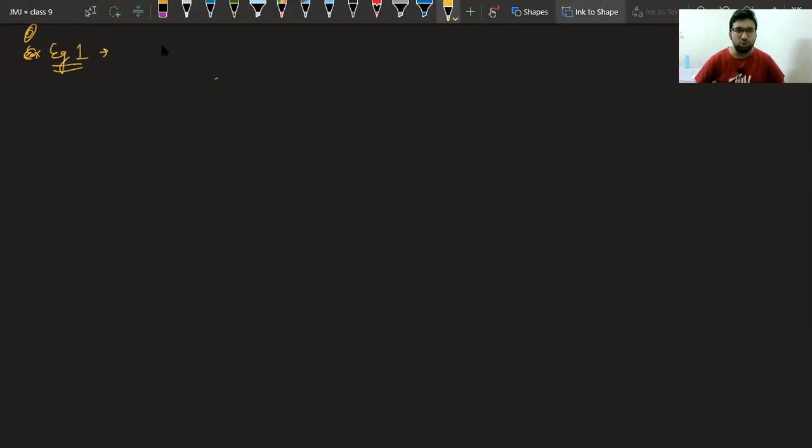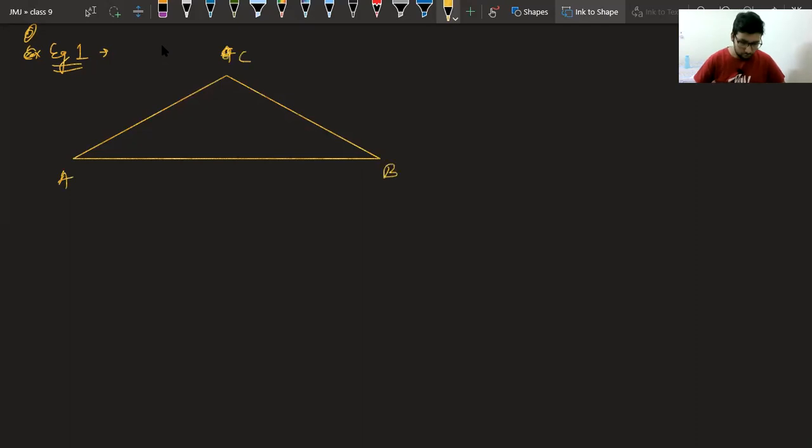We have a triangle with two sides given. This is A as per the diagram, C and B. So in this case we have 8 centimeter, we have 11 centimeter, the third side is unknown, and they gave us the perimeter.